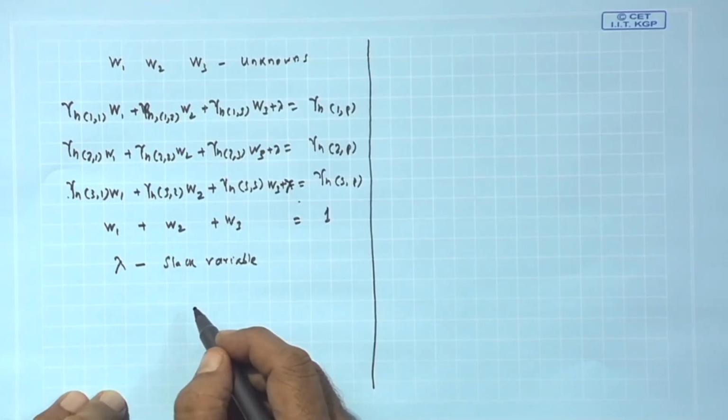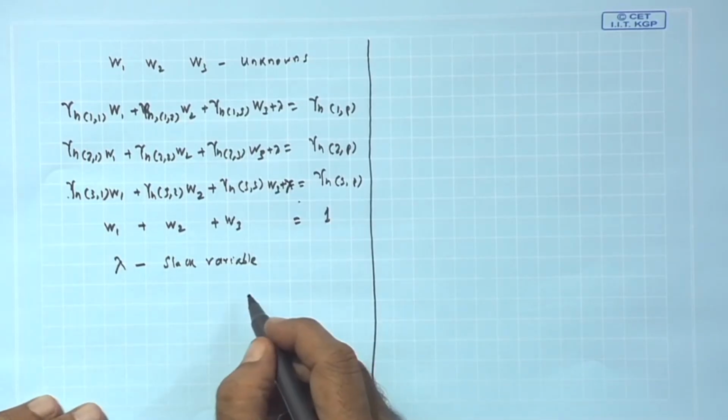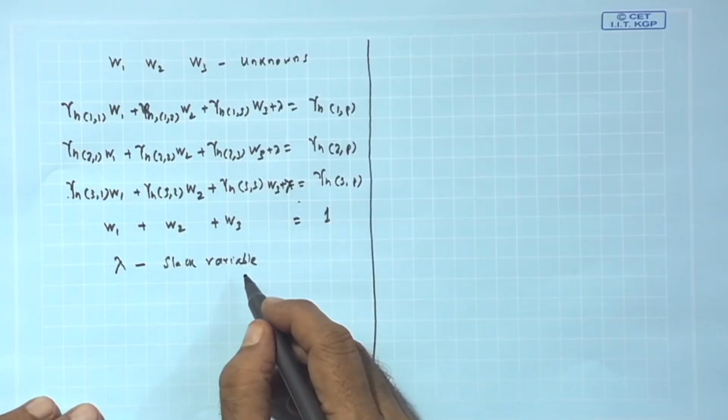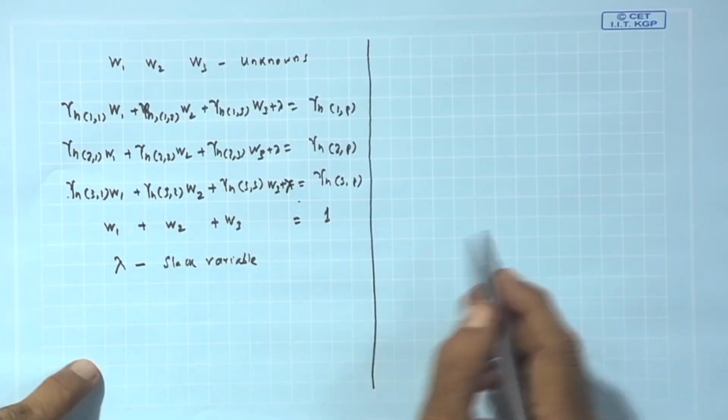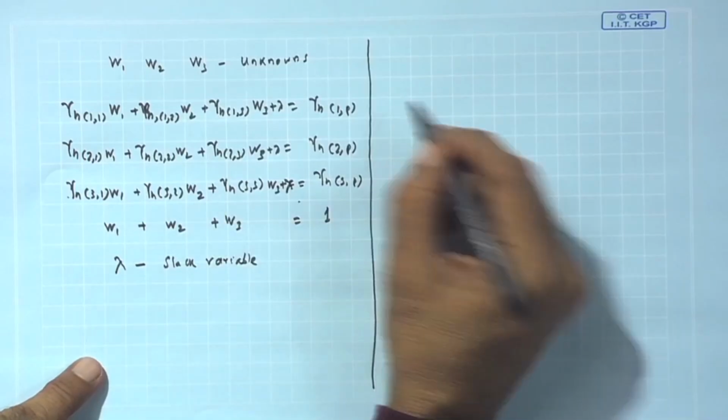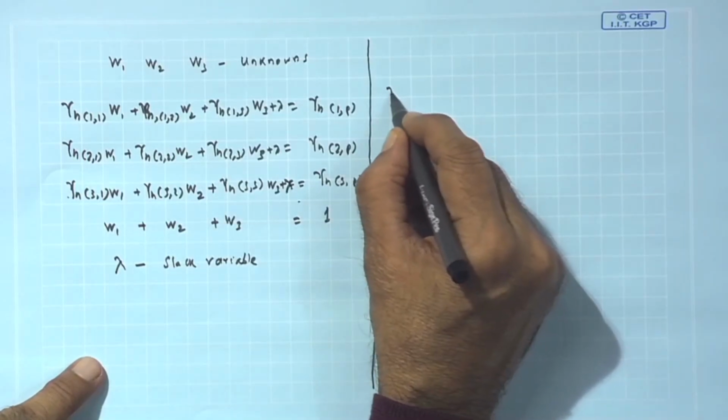Now if we put this in the form of a matrix, we put it in this way.